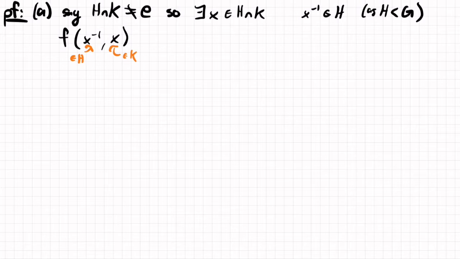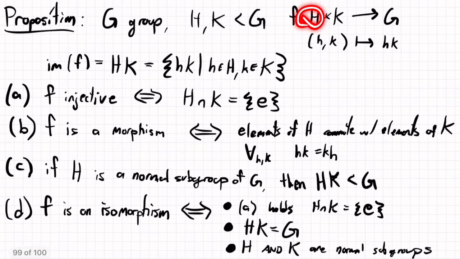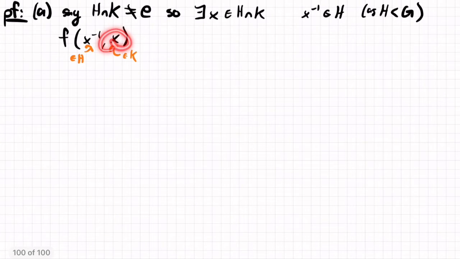What's going to happen, we didn't need to say that it was in both to just put it into this map, because this component requires things that are in H, right? And this component requires things that are in K. So we use the fact that this is in K and this is in H. And, well, this is just a multiplication map.